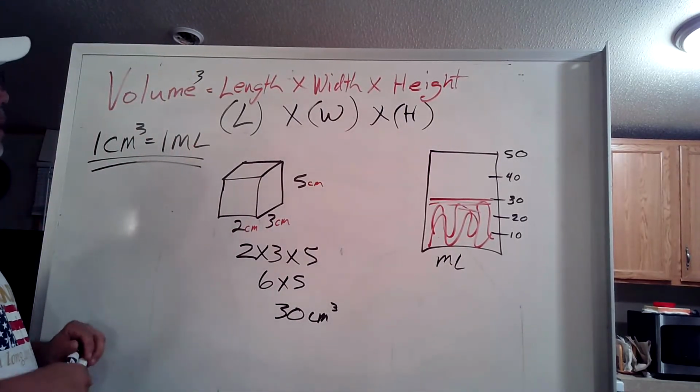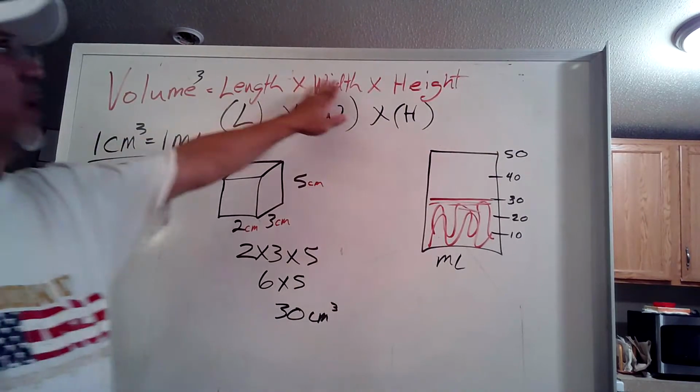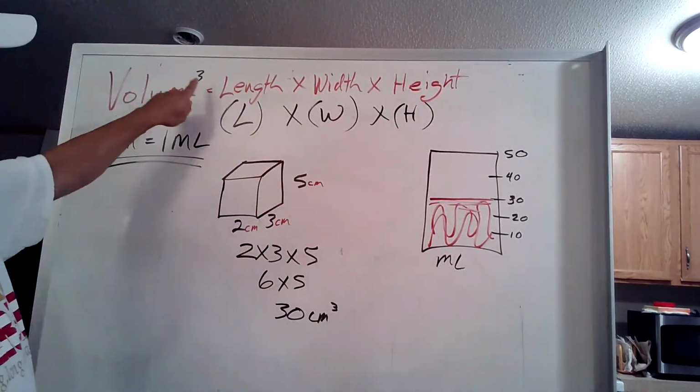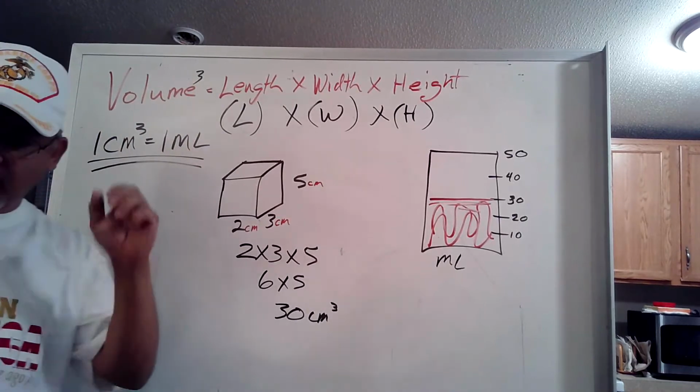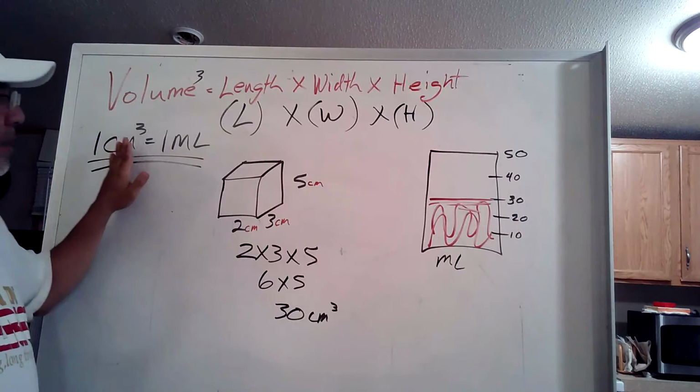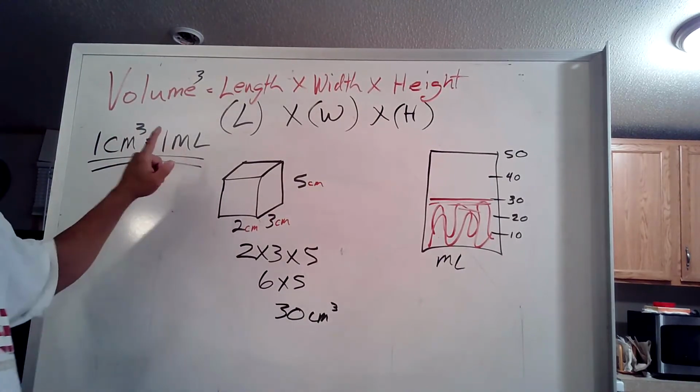We need to remember that volume is length times width times height. Those are 3 pieces, so 3 pieces equal the itty bitty 3. And then the rule: 1 cubic centimeter is equal to 1 milliliter.